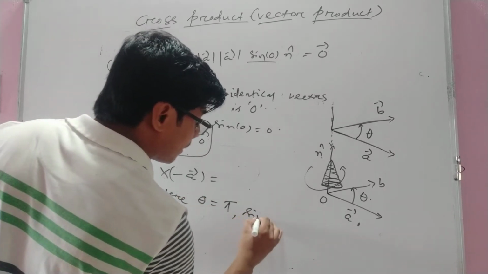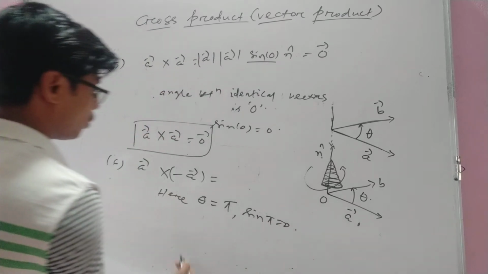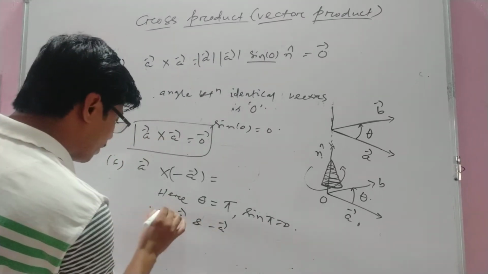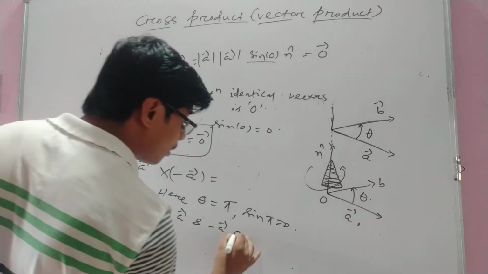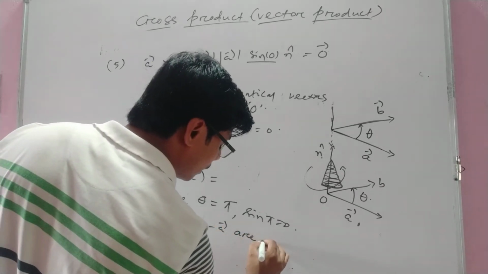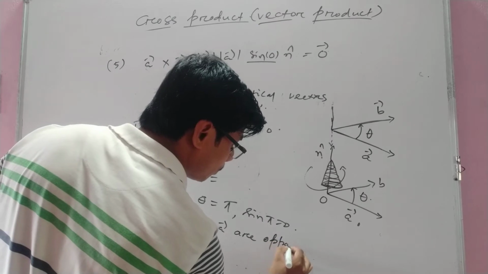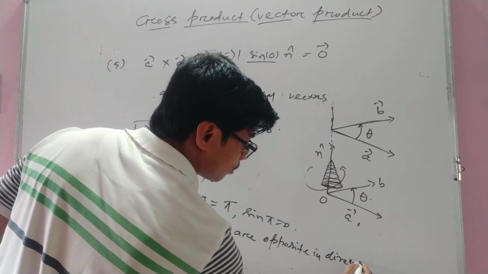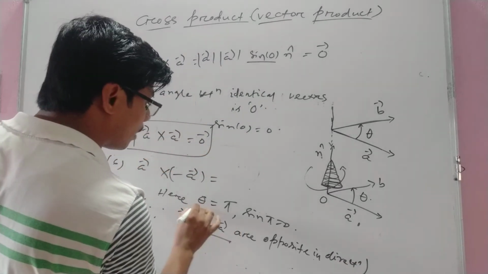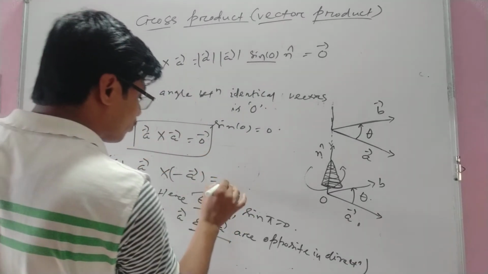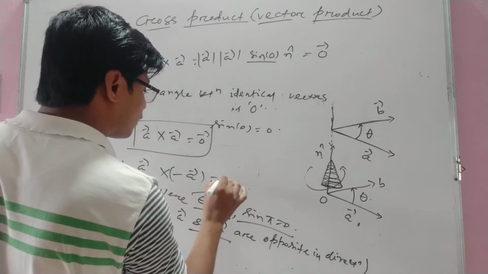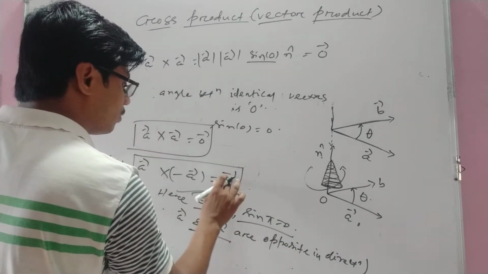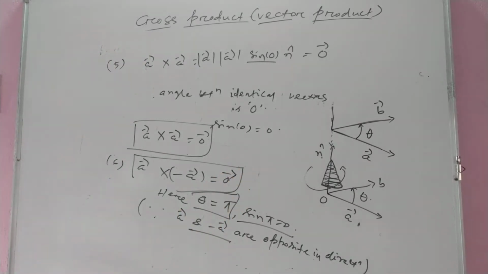That implies sin pi is also 0, because A vector and minus A vector are opposite in direction. So this is also 0 vector.